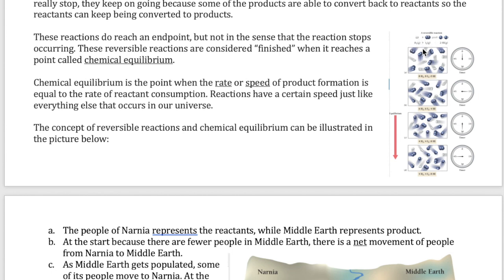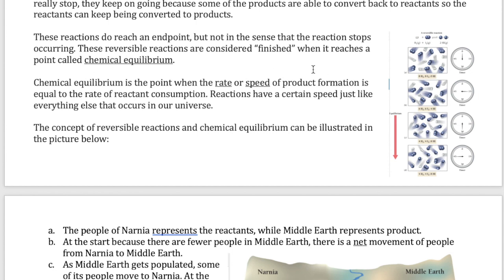So even though you still have some reactants left, those reactants go and make product, but then the products go back and make the reactants again. So there is this situation where the rate of the formation of product is equal to the rate of the formation of the reactants. That particular point is what we refer to as a chemical equilibrium.